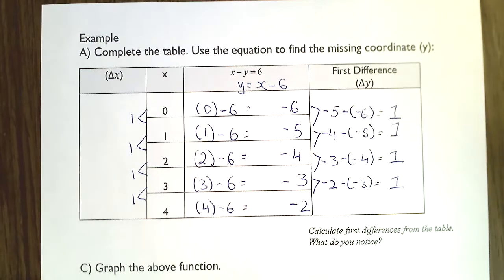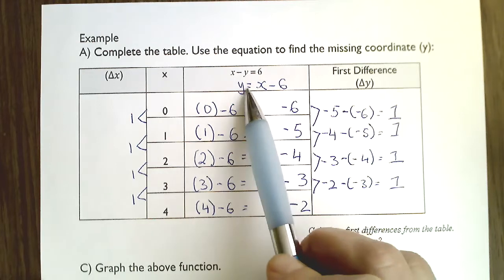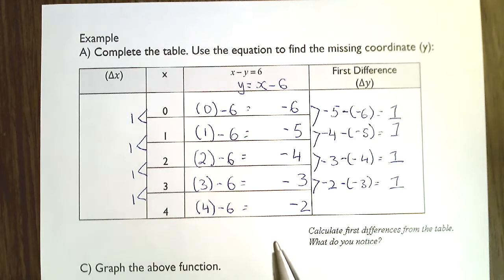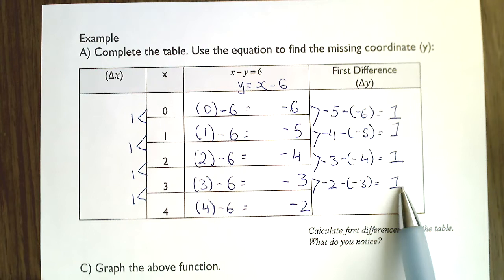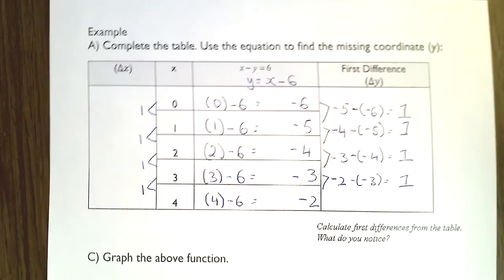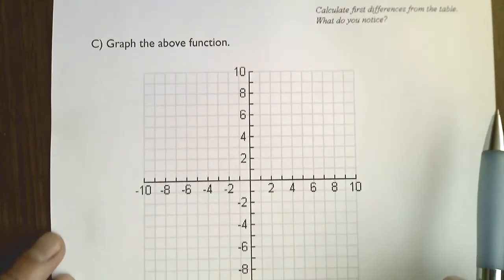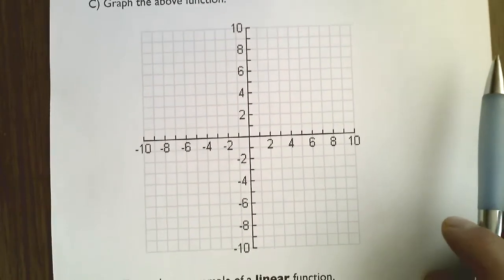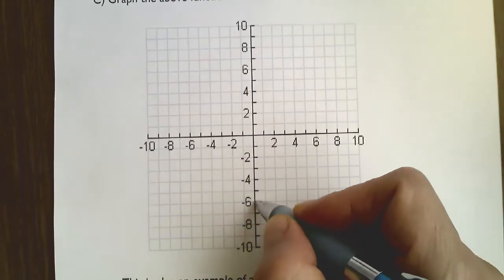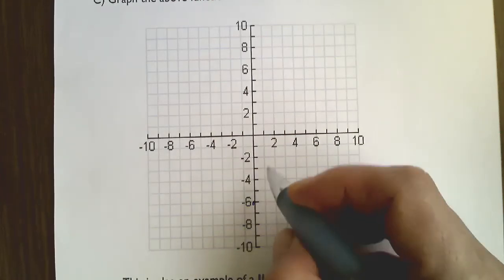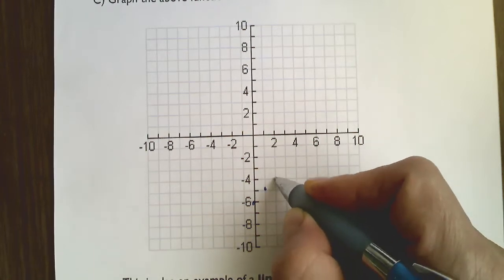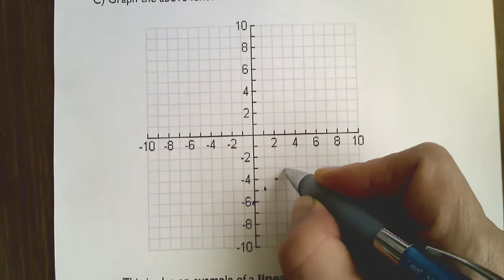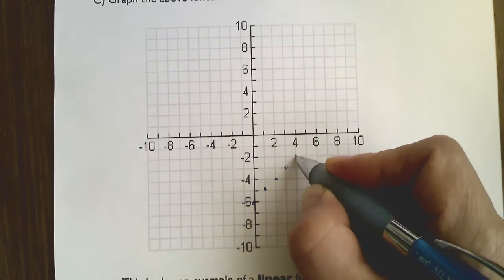So therefore, when I look at my equation, I see that both of my variables are first degree. Then when I look at my table, I see that the first differences are 1. And then when I graph this graph, my first point is 0, negative 6, 1, negative 5, 2, negative 4, 3, negative 3, 4, negative 2.